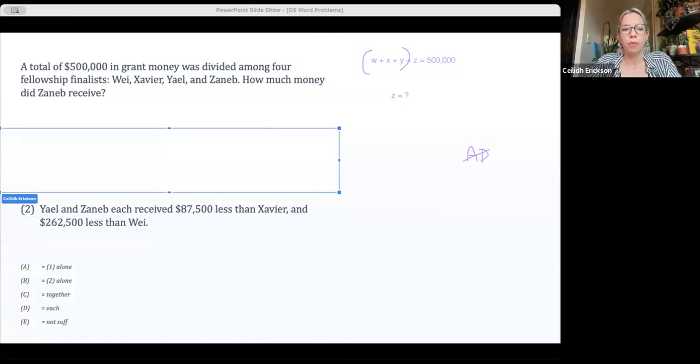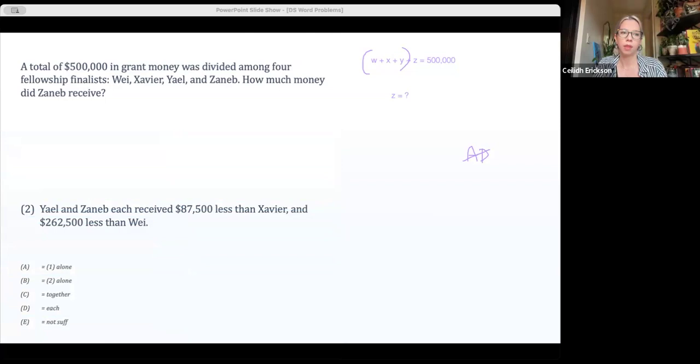Okay. Yael and Zainab each received some number less than Xavier and some number less than Wei. Okay. Well, is this enough? Here is my question. How many relationships can we derive here?